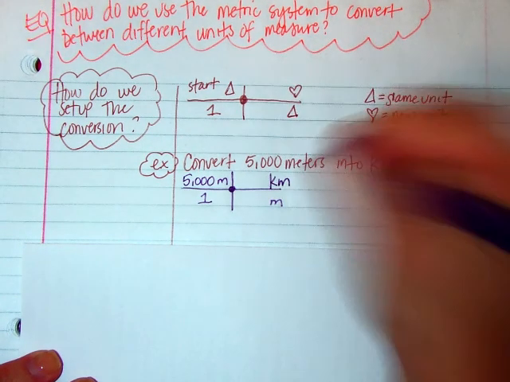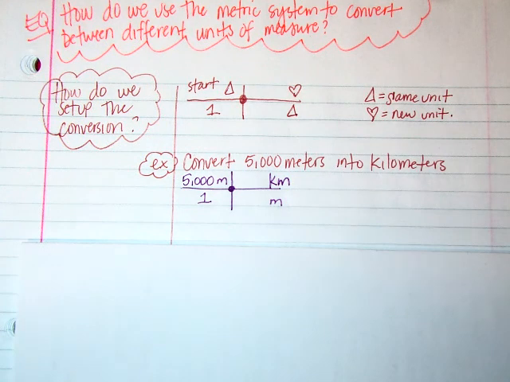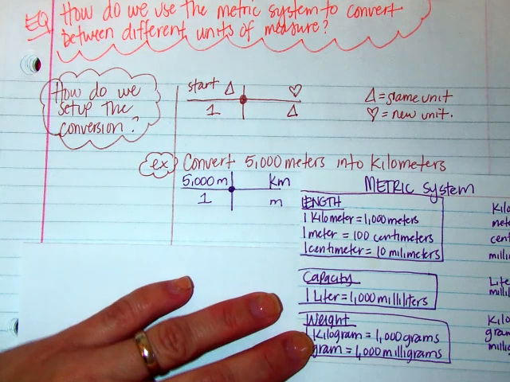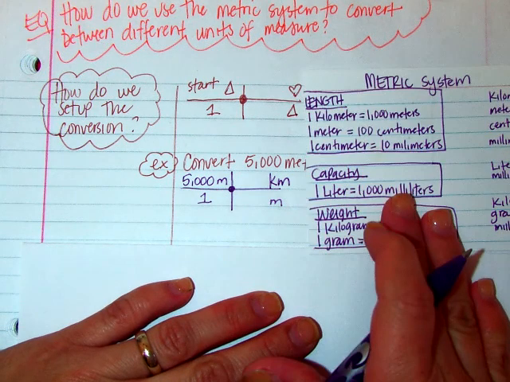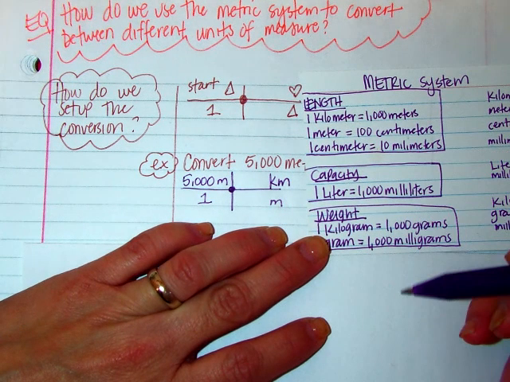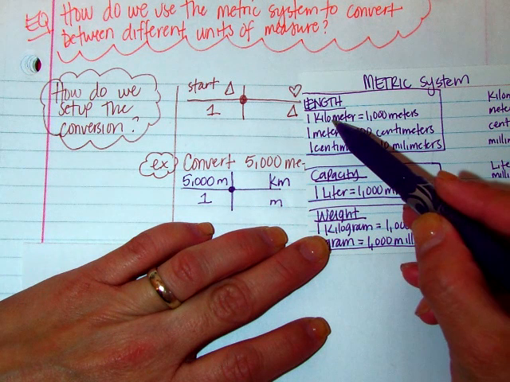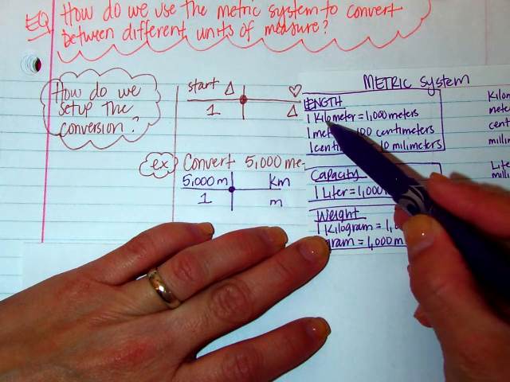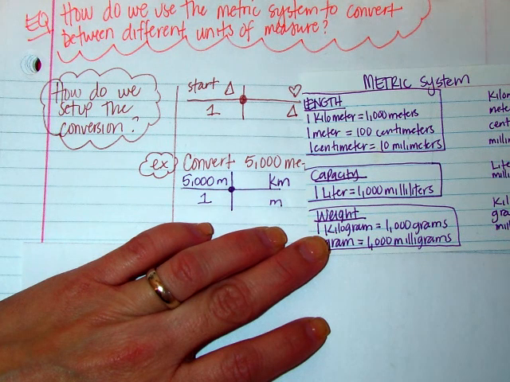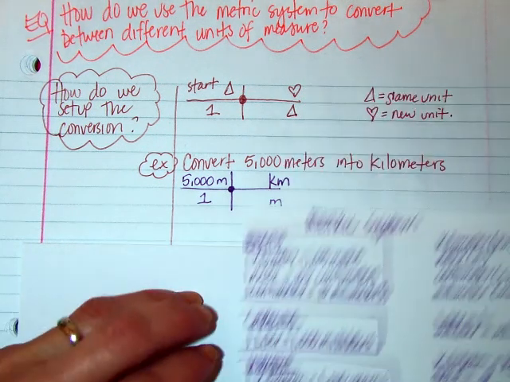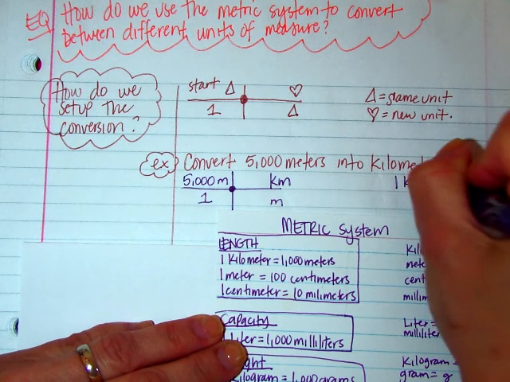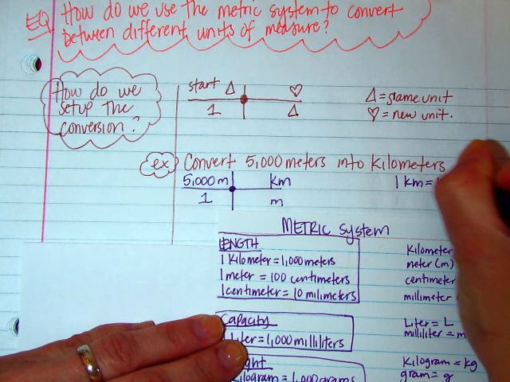Okay. Now we're going to just look for the relationship between meters and kilometers. So first I have to decide, well, what is it? Is it length, capacity, or weight? And it looks like I do see a relationship between kilometers and meters on our first line. So I'm going to write that down. So 1 kilometer is the same as saying 1,000 meters.